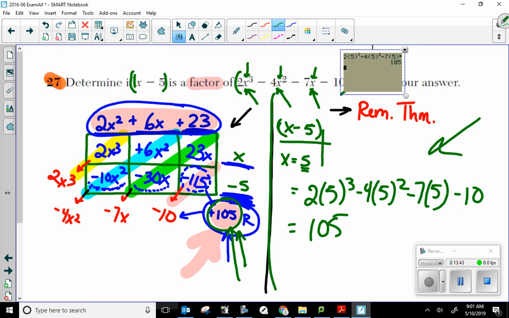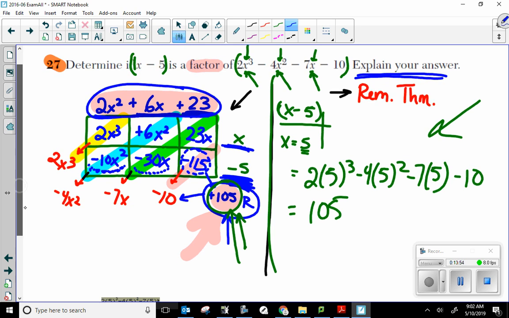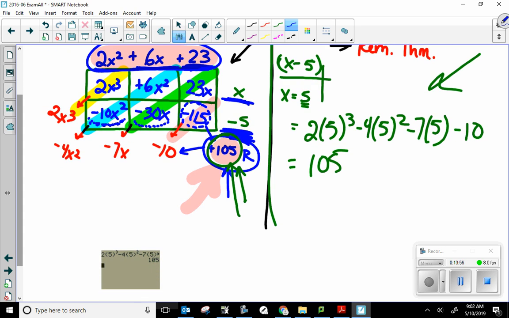Now, I still need to explain. Please, don't say it's not a factor because there is a remainder. For conversation's sake, if we would have had a remainder that was 0 and it was a factor, don't say it's a factor because there's no remainder. 0 does not mean no remainder. There's a remainder, it happens to be 0.